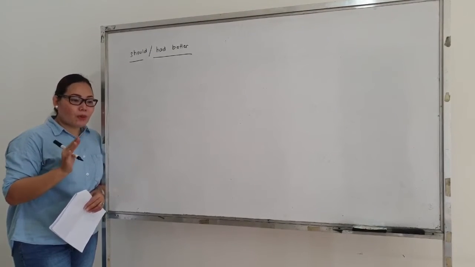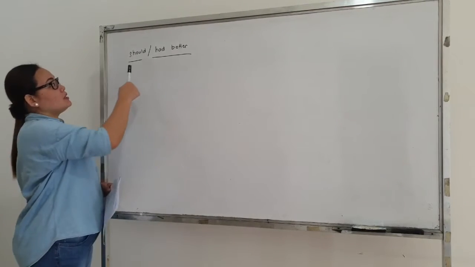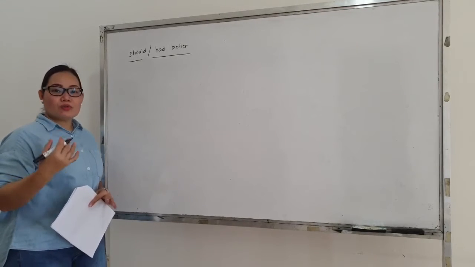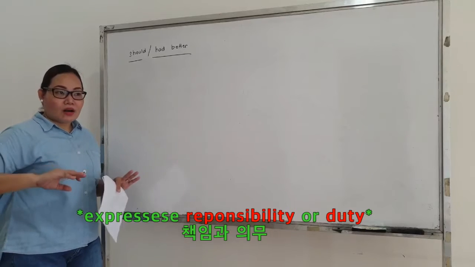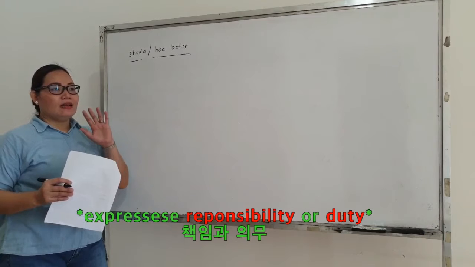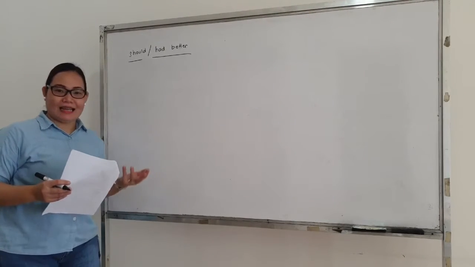Although both of them are used to express necessity, just like in the case of should and had better, they are also used to express advice, but there are differences when it comes to their level of importance or level of intensity.